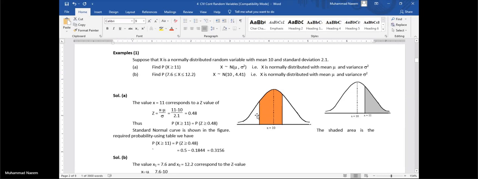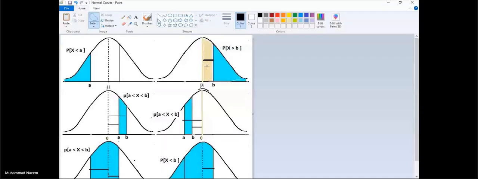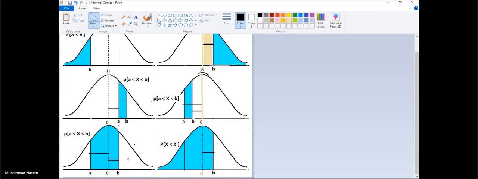As we need this shaded part, so just add both the tabulated areas. So sometimes we subtract the tabulated area from 0.5. In this case, we subtract smaller area from the larger one. In this case, we add both the tabulated areas.